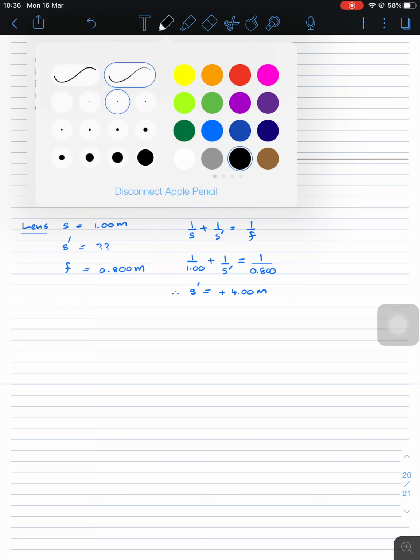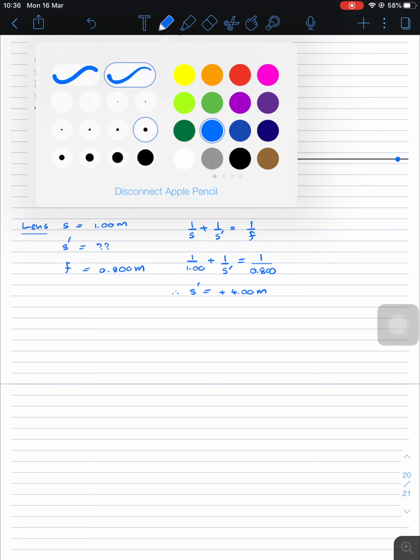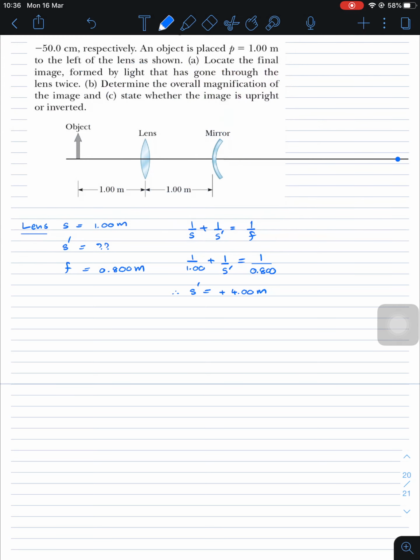The 4 meters should be somewhere here, 1, 2, 3, somewhere here. The 4.00 meters, and this will be the first image from the lens.